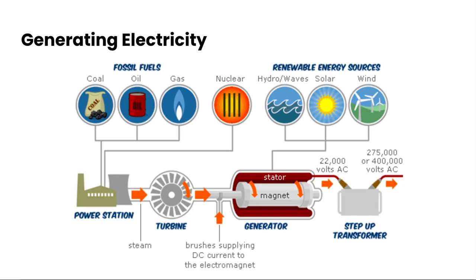So the general path is we will turn this turbine and then it will go through a generator, and then goes to a transformer, and then we'll go out through what we call transmission lines to cities and towns, and that's how we get electricity in our homes.